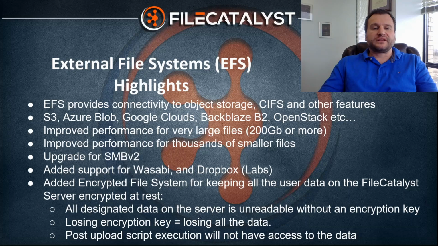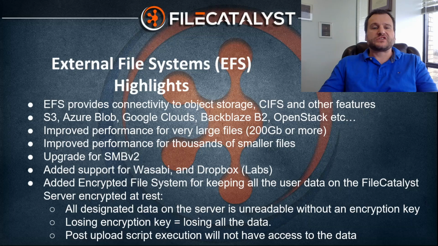We also added a new type of file system called encrypted file system. So again, this one doesn't have to do anything with object storages, but it is a file system where all the data that is saved into that file system is actually encrypted. You generate the encryption key, and once the key is generated, all the data in that file system is encrypted with this key.